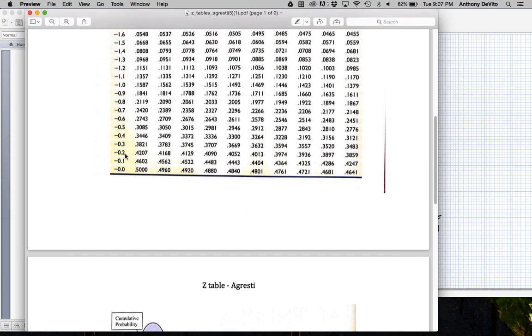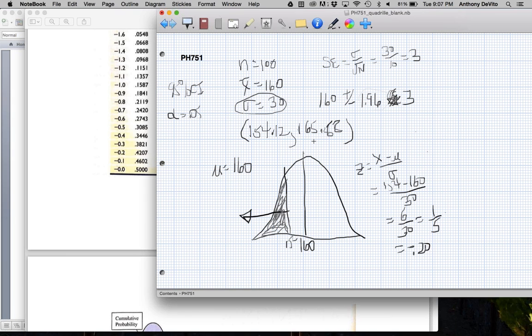My z-score of negative 0.2 is going to be 0.4207. That area is going to be equal to 0.4207. So the probability that we would pick out an individual that has a value below 154 from this population is 0.4207, or about 42.07%.